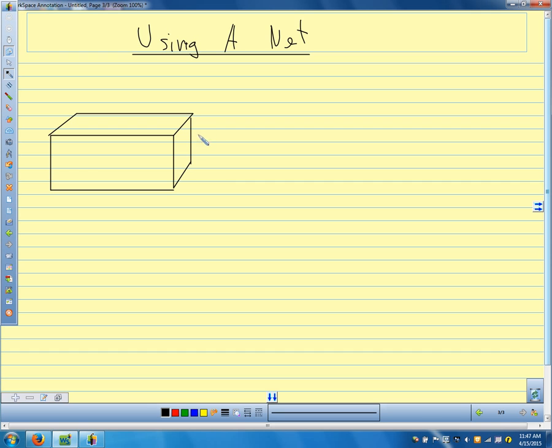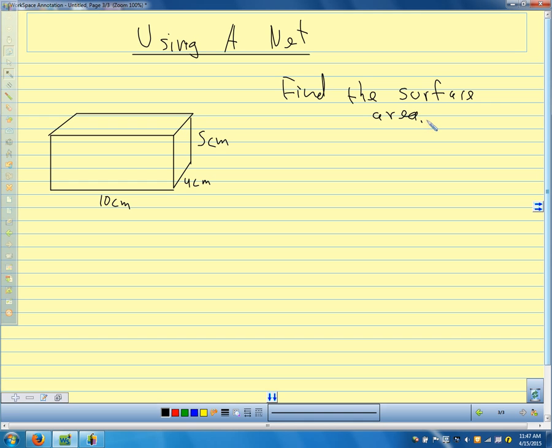All right, so this is 5 centimeters, 4 centimeters, and 10 centimeters. And we want to find the surface area. And we're going to use a net to do this. So I'm going to draw out a net of this rectangular prism.